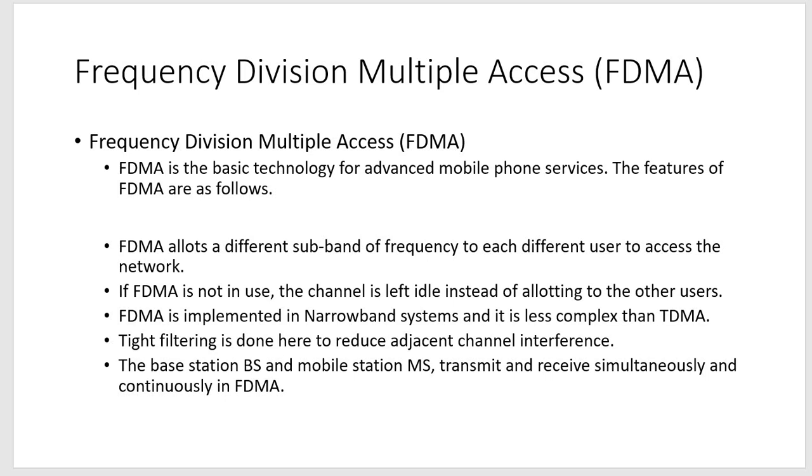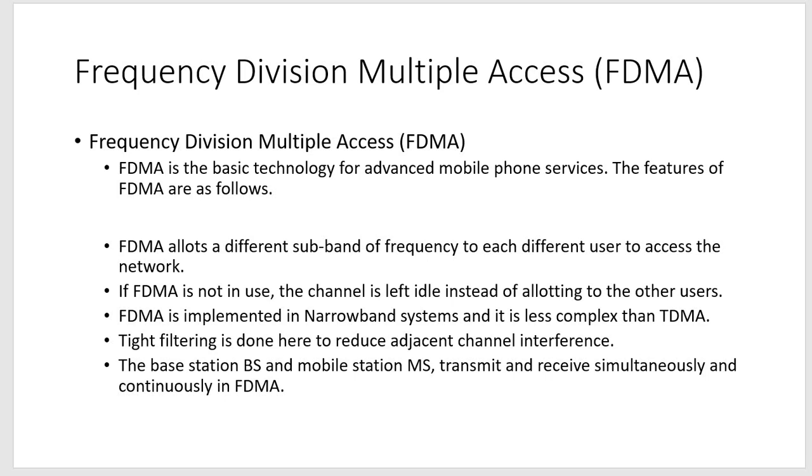Frequency division multiple access is the basic technology for advanced mobile phone services. The features of this frequency division multiple access are: FDMA allows a different subband of frequency. So in this frequency division multiple access, we have a subband of the frequency.